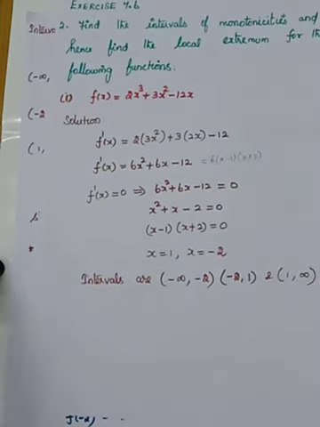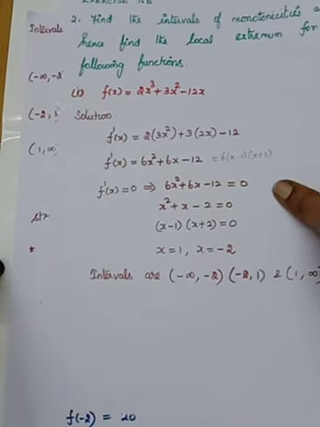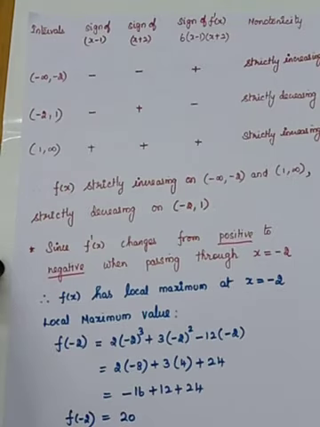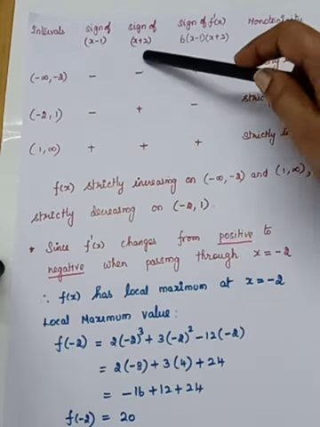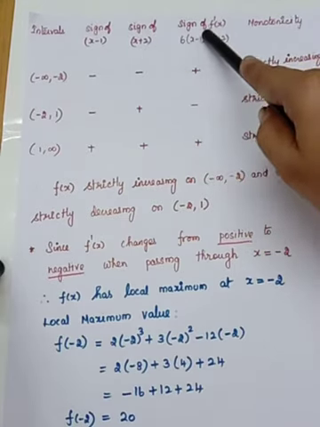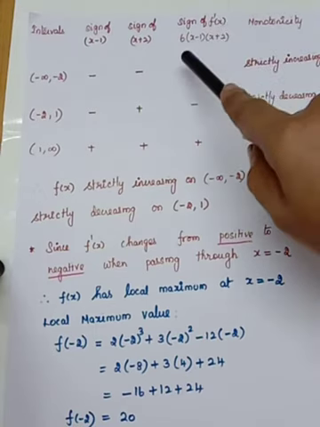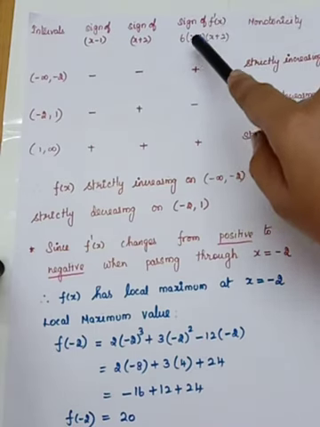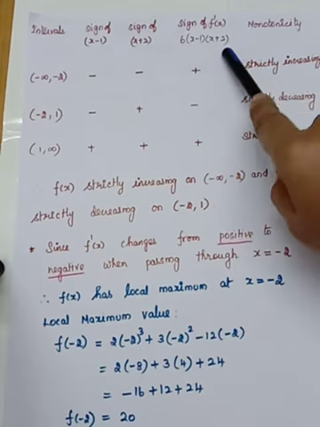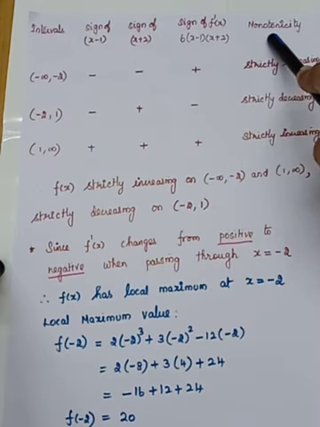So here we are going to check the sign of x minus 1, the next factor x plus 2, then the sign of f dash of x, that is 6 into x minus 1, x plus 2. And you are going to write the monotonicity.